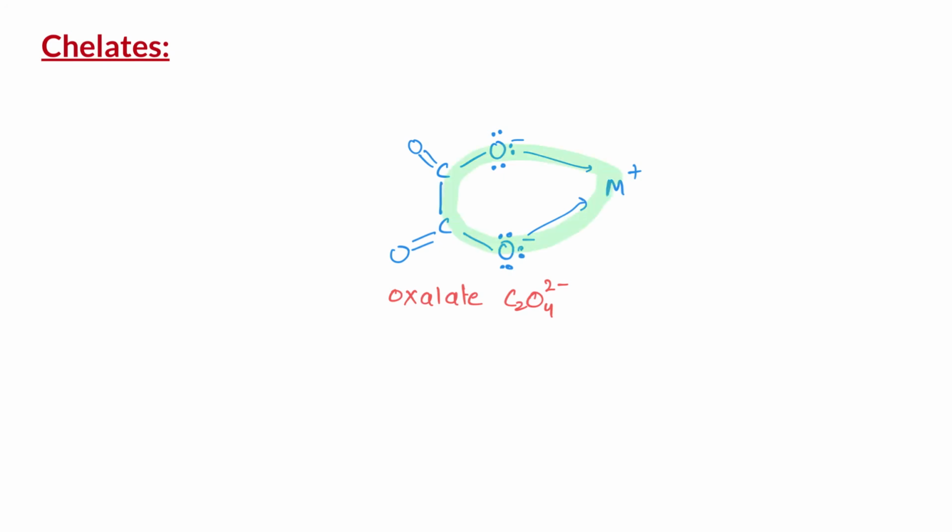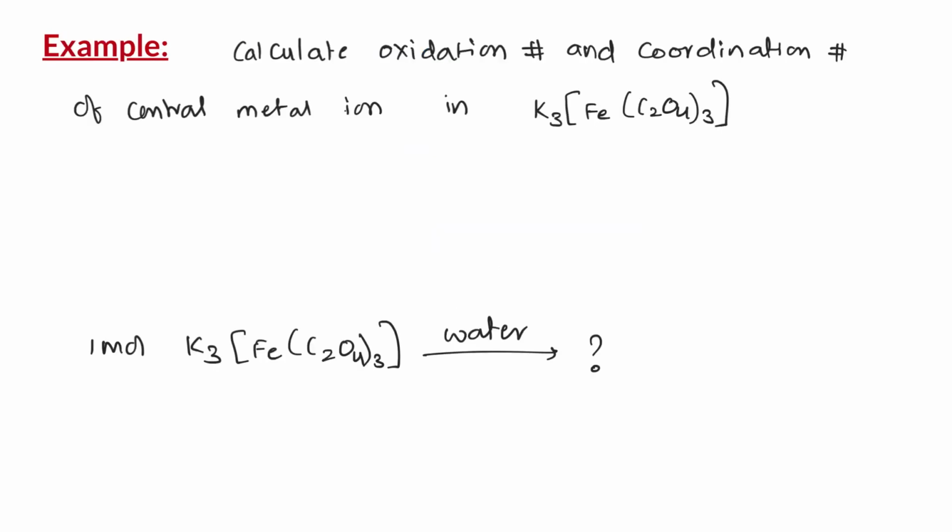A complex ion containing this type of structure is called a chelate. The word chelate is derived from the word chele, which means claw. And the reason we call these structures chelates is because the ligand appears to grab the central metal ion like a claw.